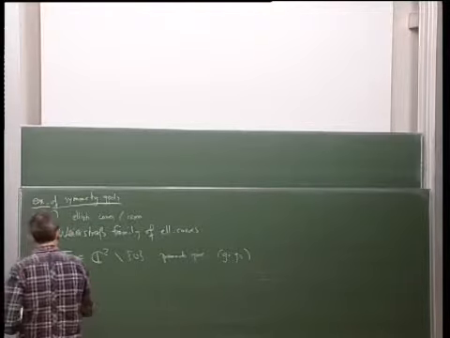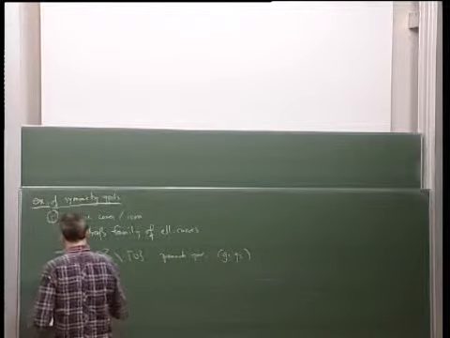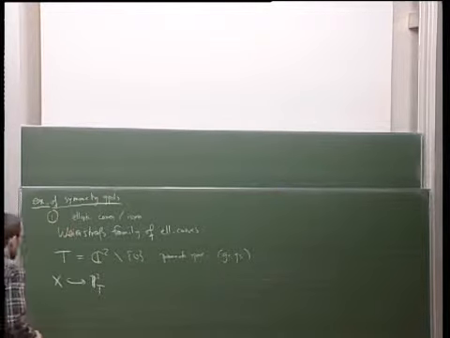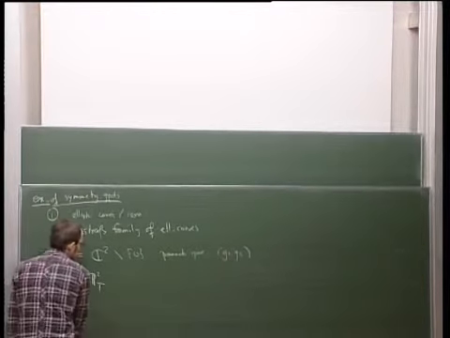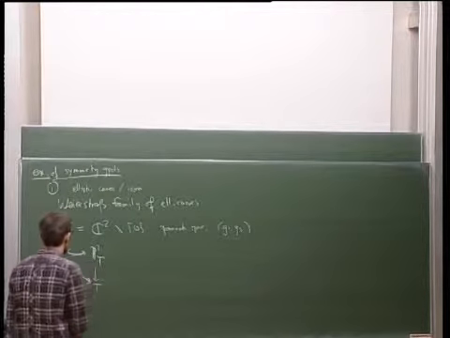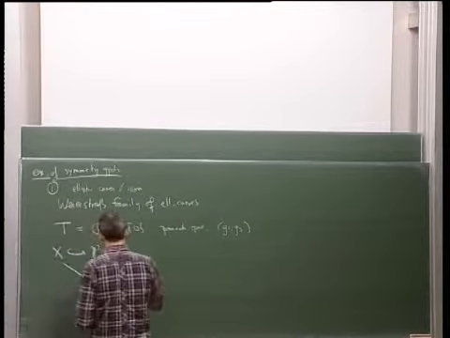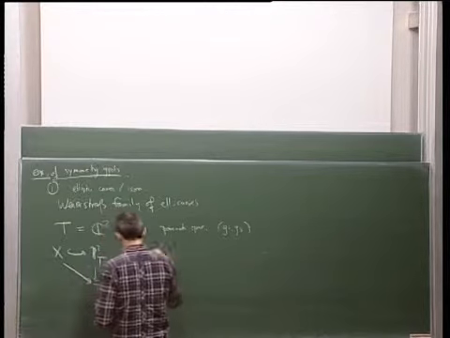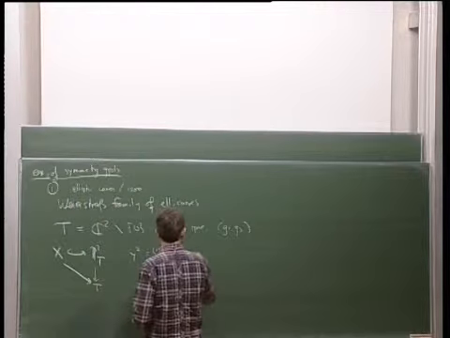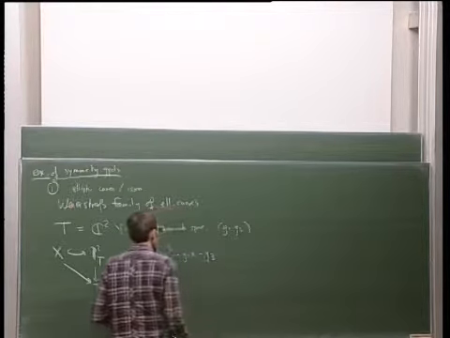And then I define a projective scheme over T. So X is given by the affine equation y squared is equal to 4x cubed minus G2x minus G3.